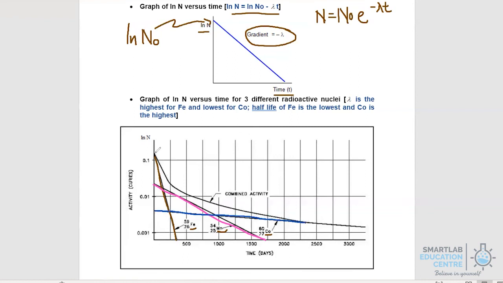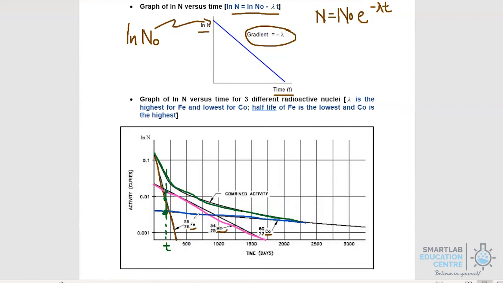The combined activity of all the 3 nuclei is now represented by the green line. And again, in order to obtain the total activity at any point t, we just need to sum up the activity contributed by your cobalt with the activity contributed by iron and the activity contributed by your manganese.